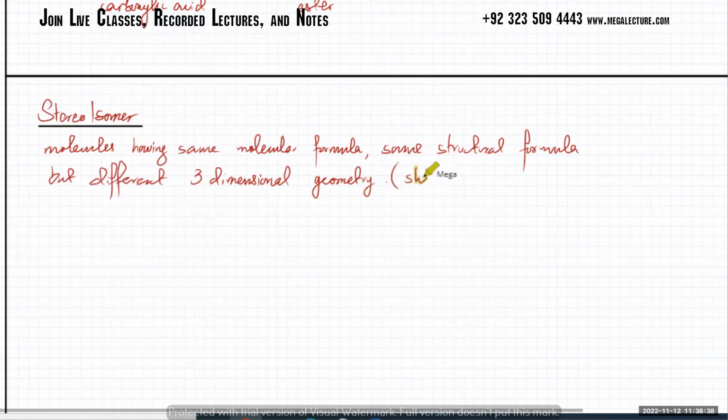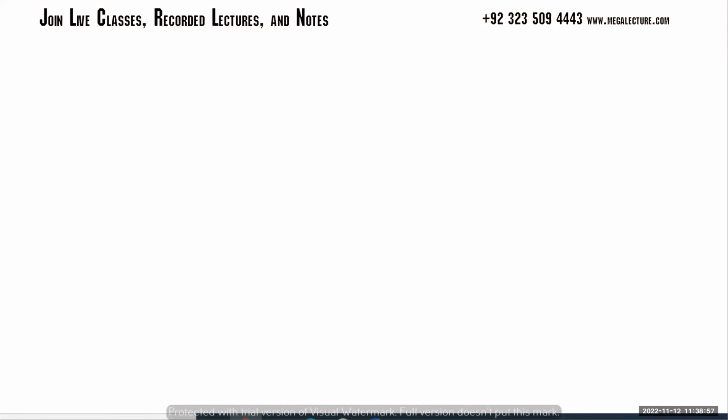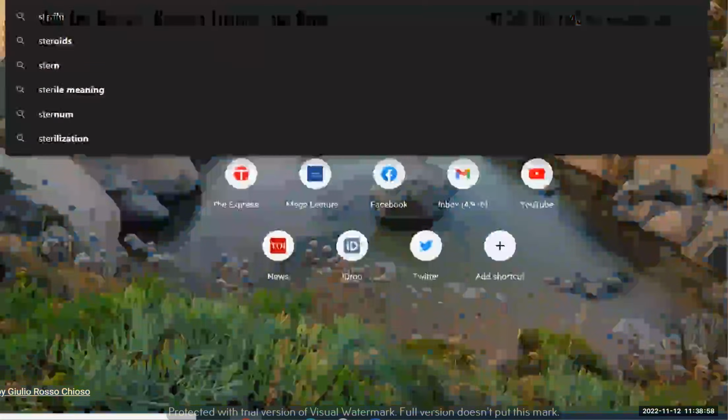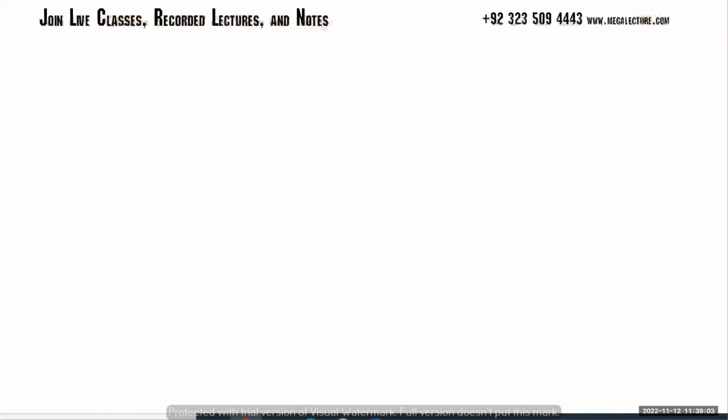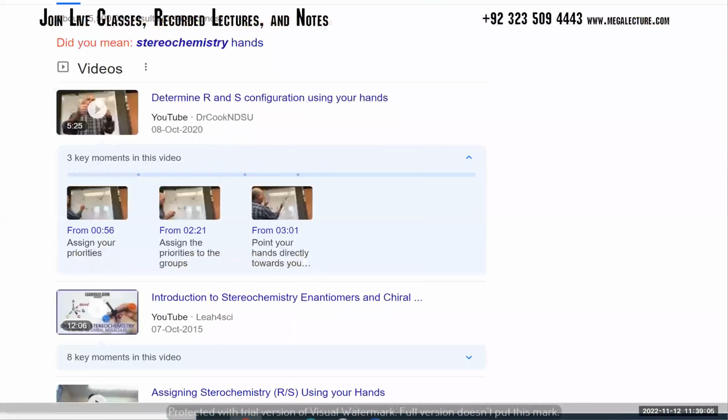So this one is more about the shape of the molecule, not the connections. The connections are exactly the same. The shape is different. One simple example to understand stereoisomers is your two hands.